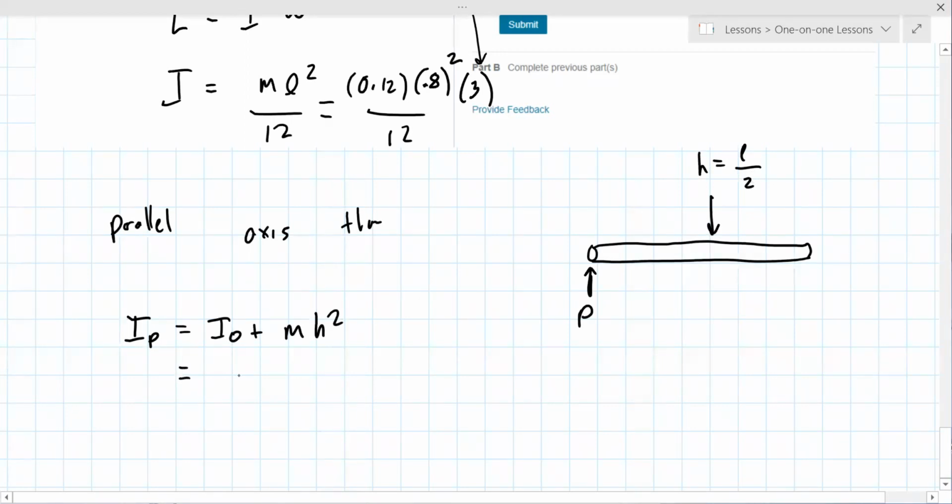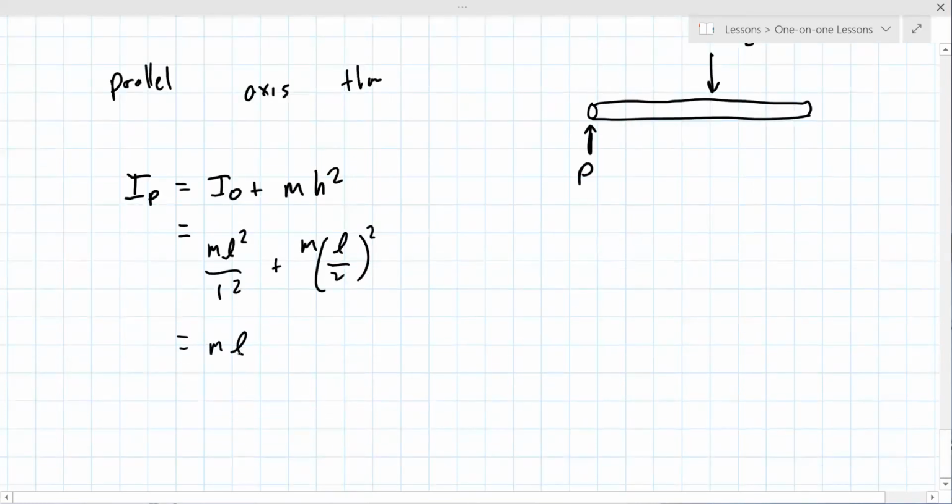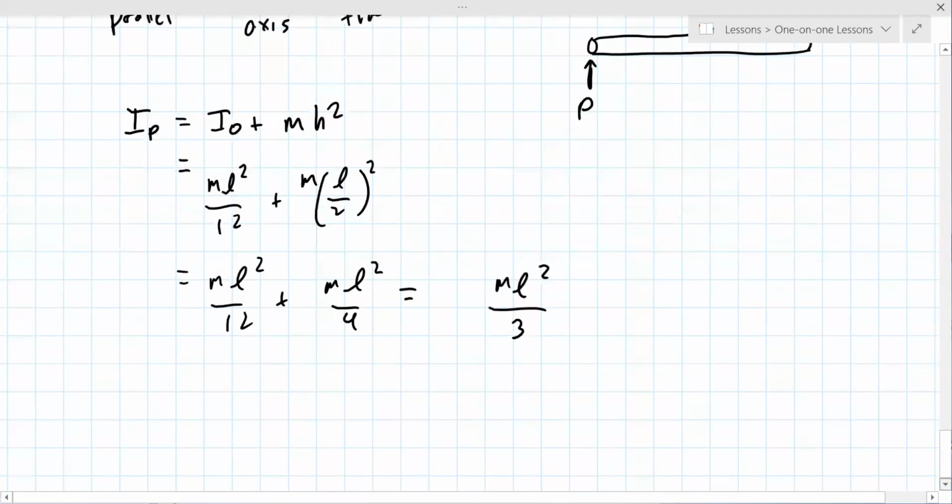Your I0 is ml squared over 12, just like in the previous problem. Since h is L over 2, it becomes ml squared over 12 plus ml squared over 4. If you add these up, you get ml squared over 3.